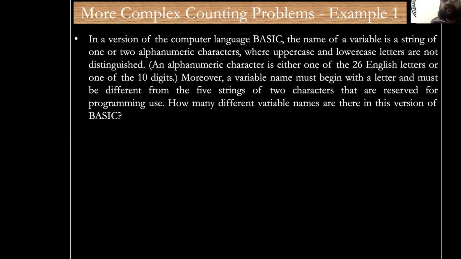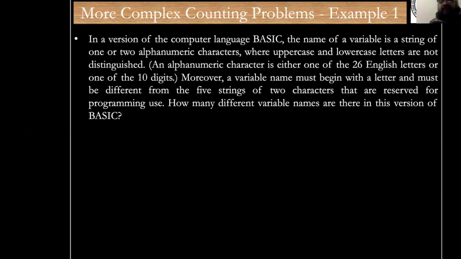So the idea is simple. One notices that the name of a variable is basically a string of 1 or 2 alphanumeric characters. So if I just talk about it in general, it must begin with an alphabet.